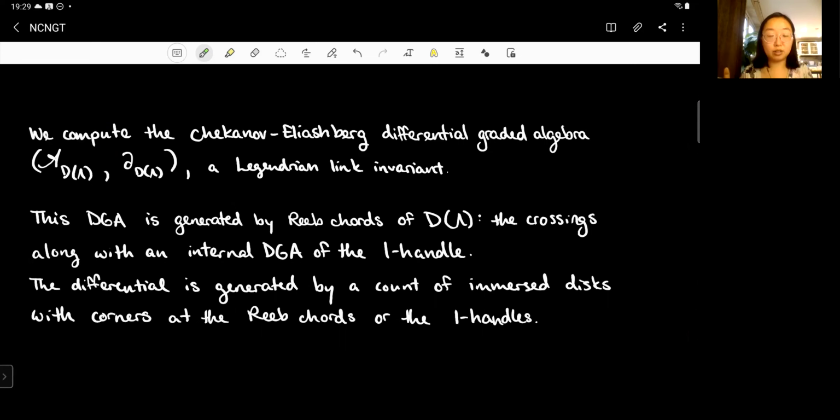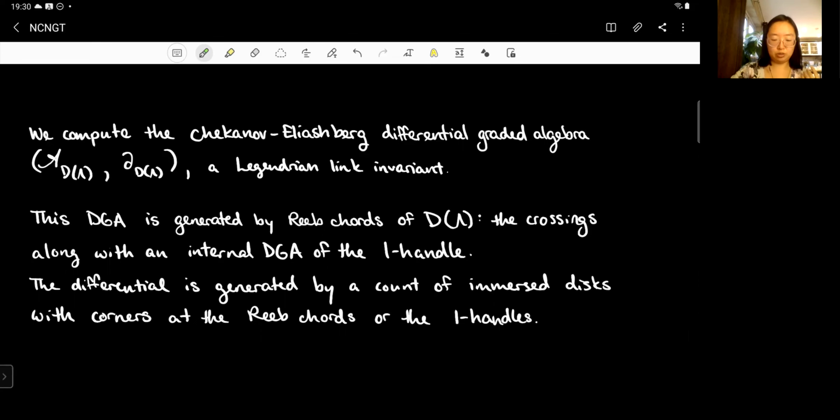So inside the one handle, there are going to be Reeb chords, and those are going to generate an internal DGA. And the differential of the differential graded algebra is going to be generated by a count of immersed disks with corners at the Reeb chords, the crossings, or inside the one handle.